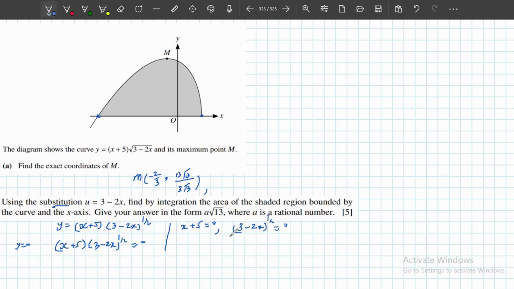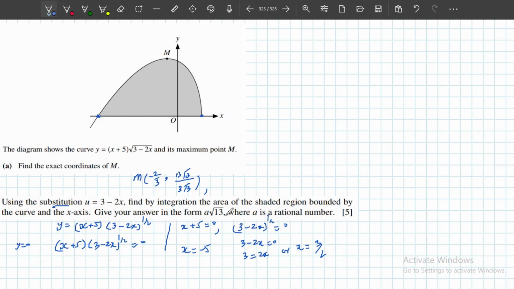By taking square on both sides, this becomes 3 minus 2x equal to 0. So 3 is equal to 2x, or x is equal to 3 over 2. And here we have x is equal to minus 5. So we have two values, negative 5 and 3 over 2.